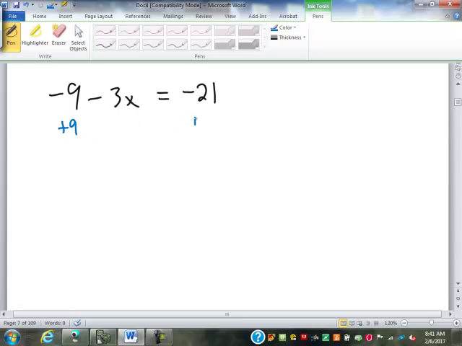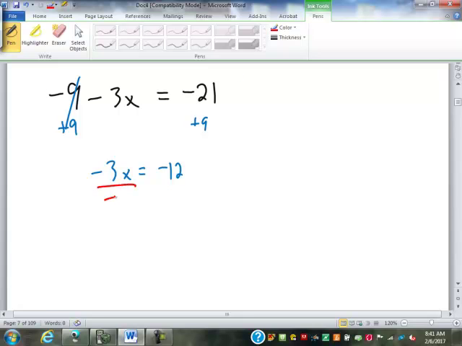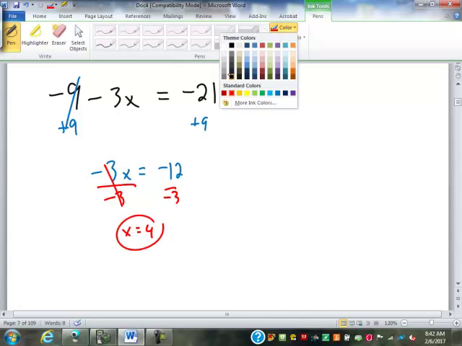Add 9 to both sides. Very good. Negative 3x equals negative 12. And then divide by negative 3. X equals 4. Good.